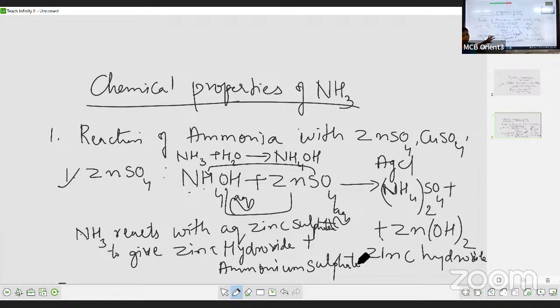Suppose this reaction is for 2 marks: 1 mark for the statement and 1 mark for the equation. Please copy this down.